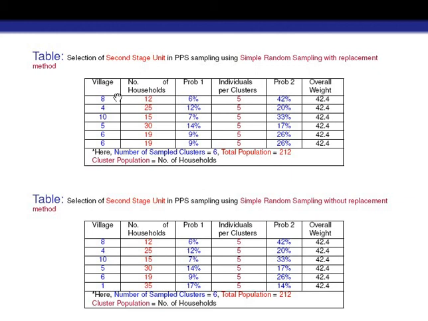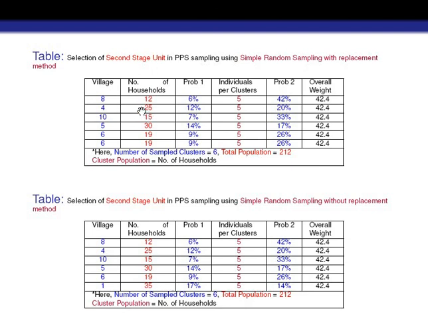It means all the individuals in cluster 8 have a 42% chance of being included in our secondary stage unit, whereas for cluster 4 it is 20%. That means each individual in cluster 4 has a 20% chance of being included in the secondary stage unit. So for cluster 8 the individuals have a higher probability of being included in the sample, whereas for cluster 4 they have a lower probability.